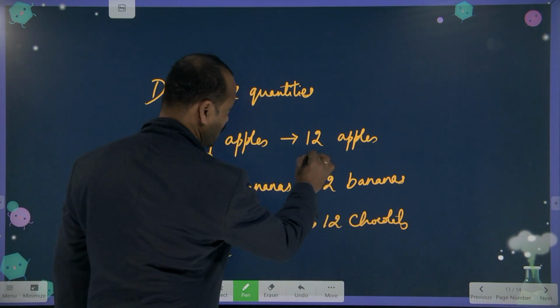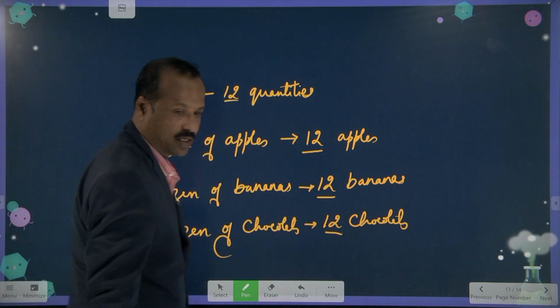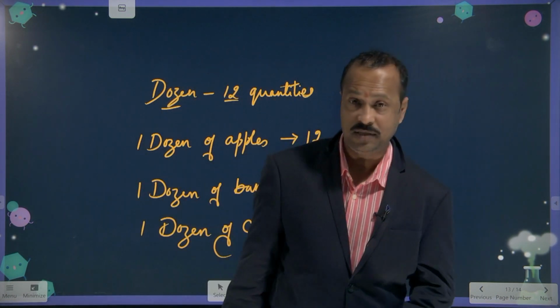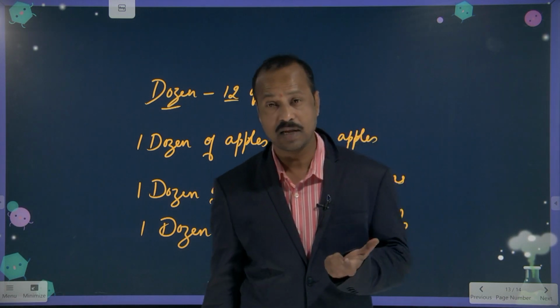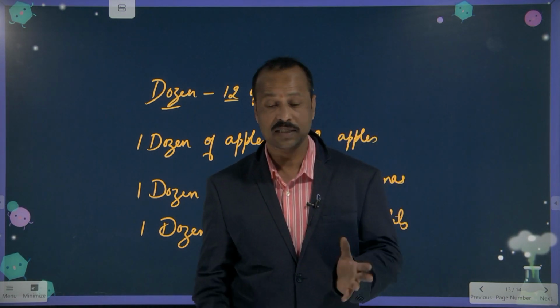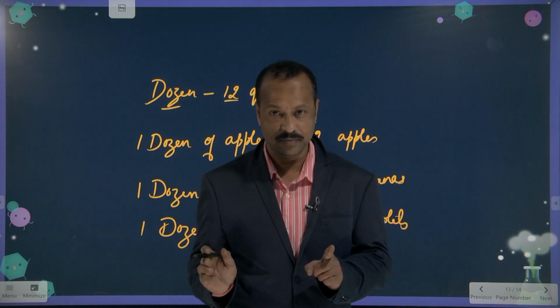So this is a fixed number. Dozen means a fixed number, 12 quantities. Is this clear to you?